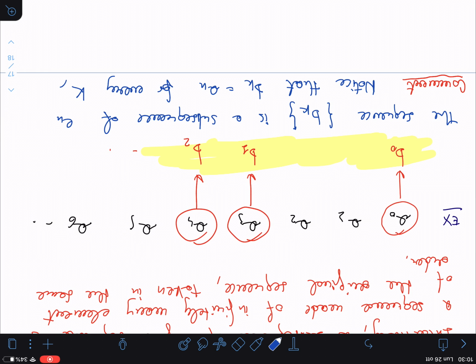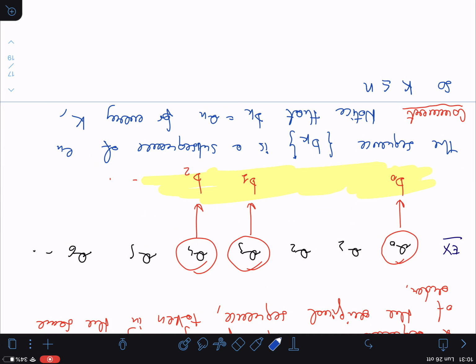So k is always less or equal to n. This is because we extract just some elements, not all of them. In any case, the index of the b cannot overcome the index of the corresponding a. Here the index is 1, and the corresponding a has an index 3, here 2 and 4. Okay? k is less or equal than n.